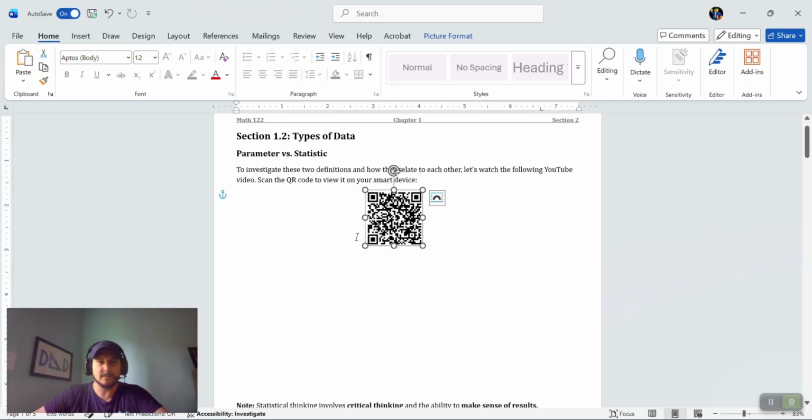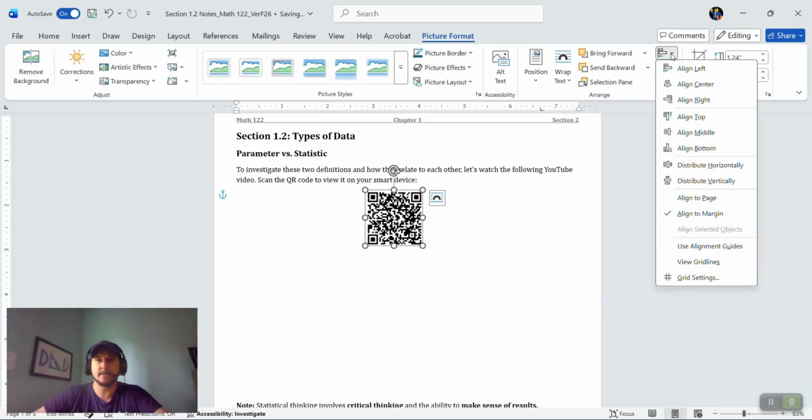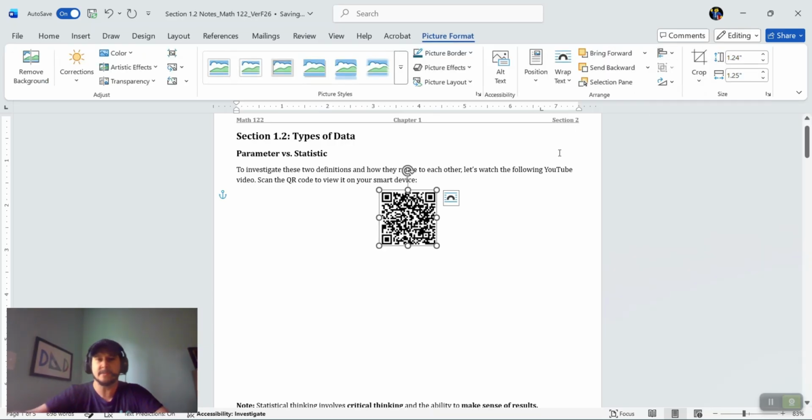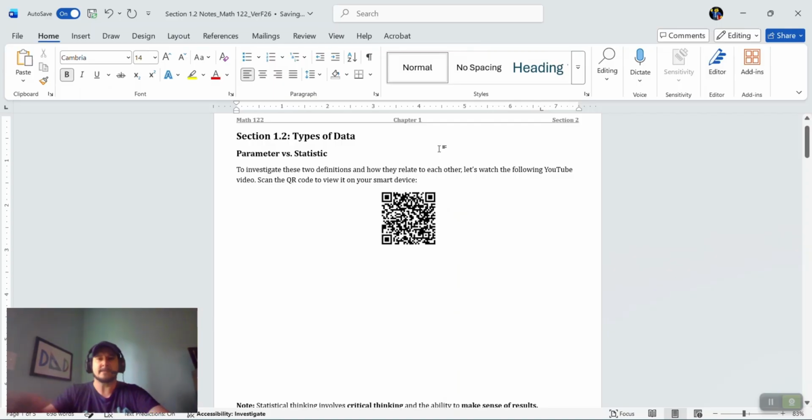All right, put this over here and I'll align it to the center. And like last time, I'm just going to check that this QR code actually works. And it certainly does. So we're good to go on that.